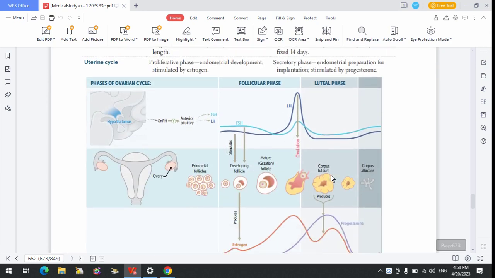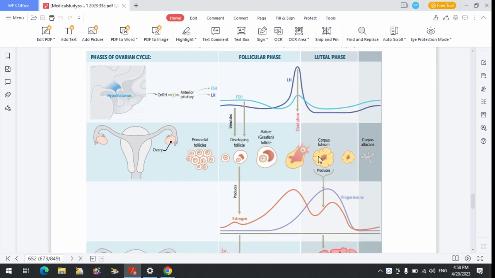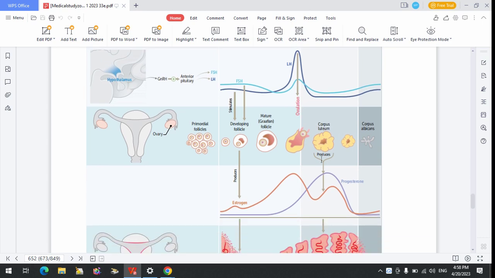So when that happens, the corpus luteum needs to be protected. It needs to keep functioning so that you can maintain the endometrium in the luteal phase. That is when hCG now comes in.